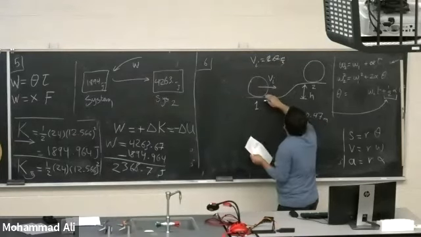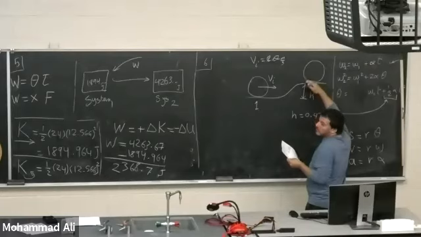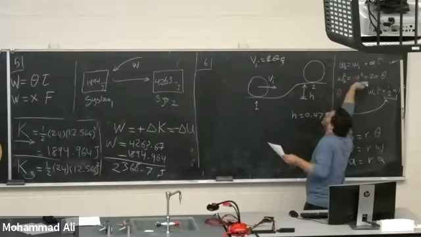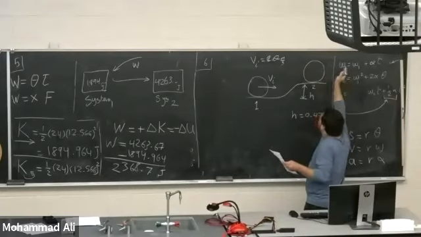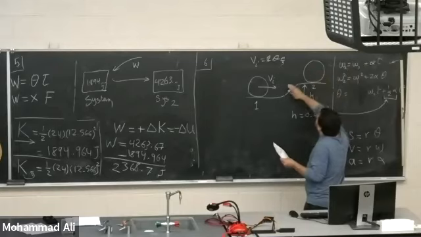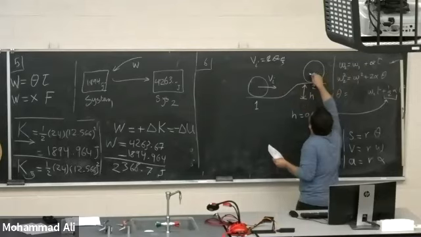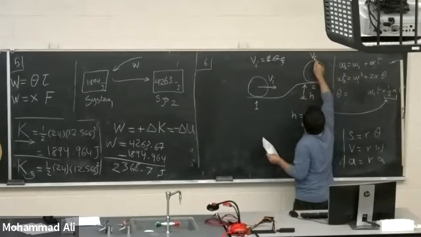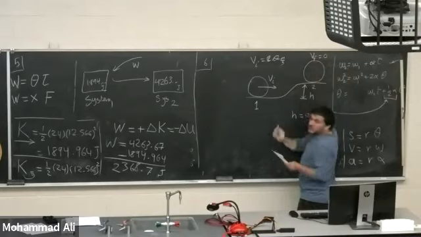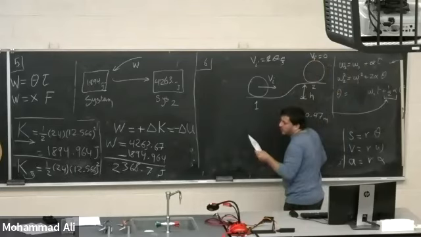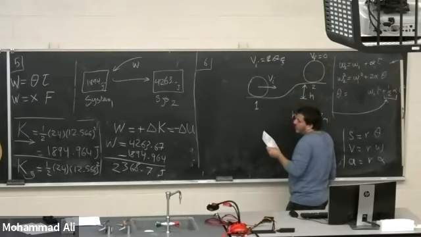We need this ball to climb this ramp, and we don't need any motion here. We don't care if there's any motion. So finally, if the ball climbs this ramp here, and its final velocity is equal to 0, we are okay. What is the linear speed of the ball when it reaches the top of the ramp?